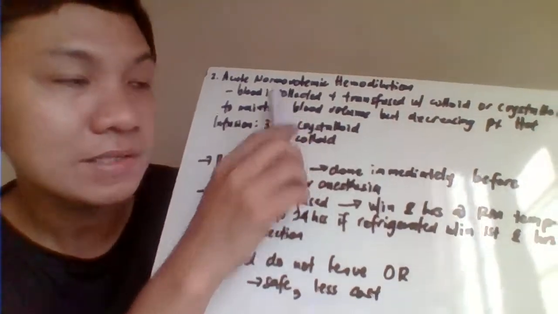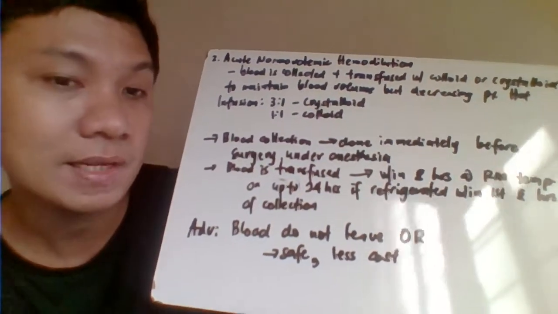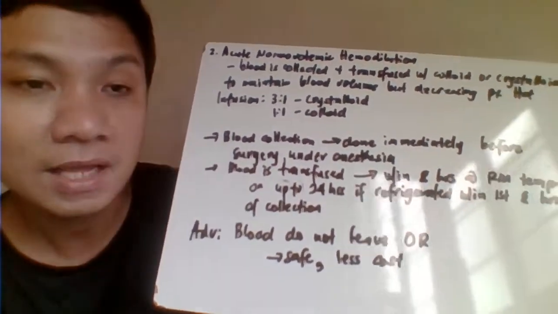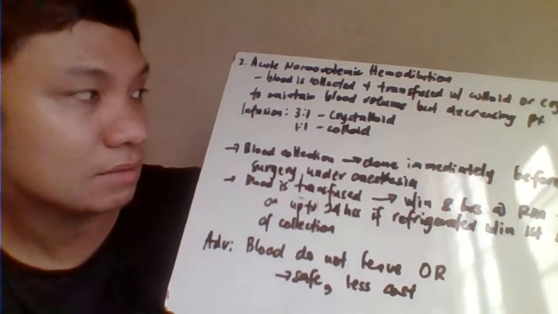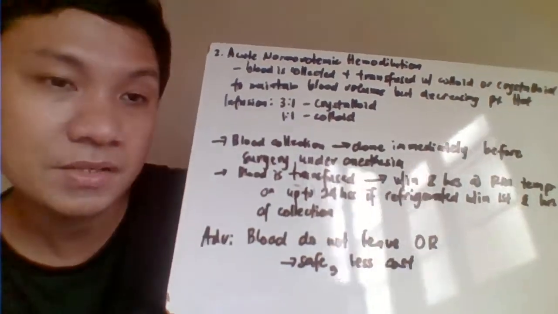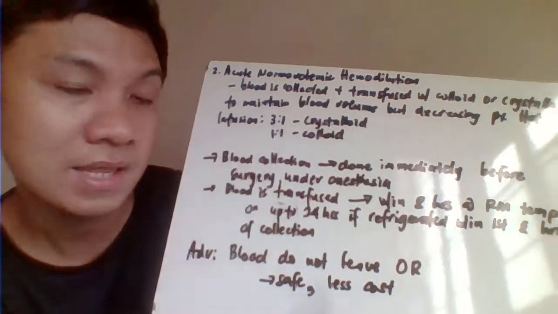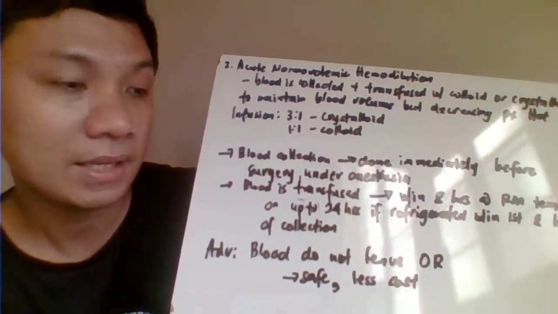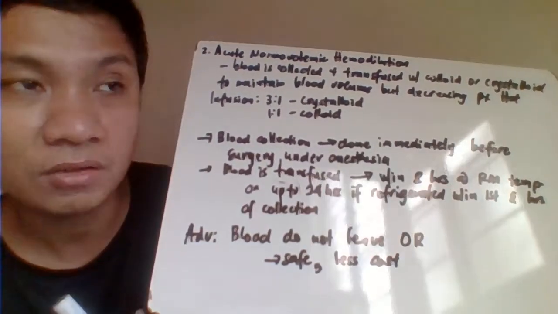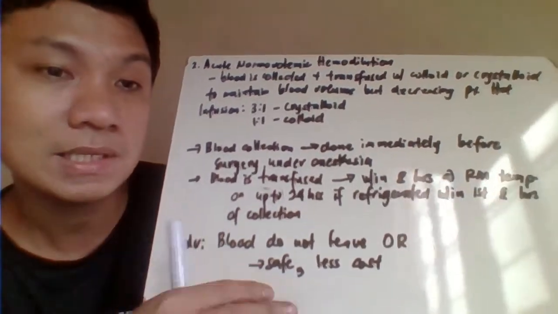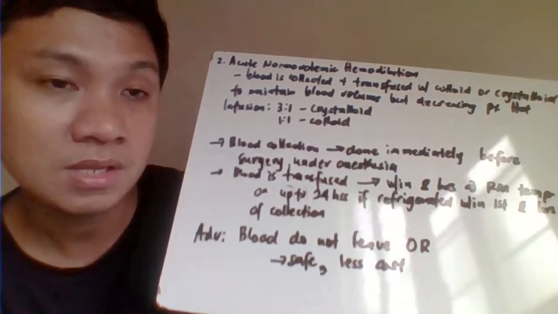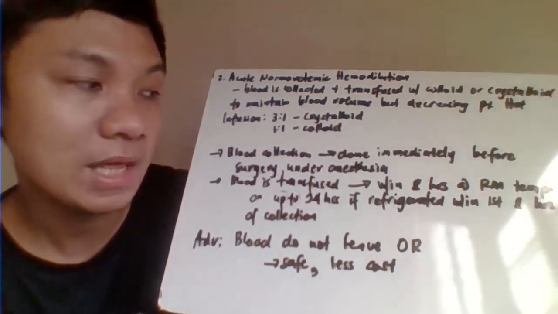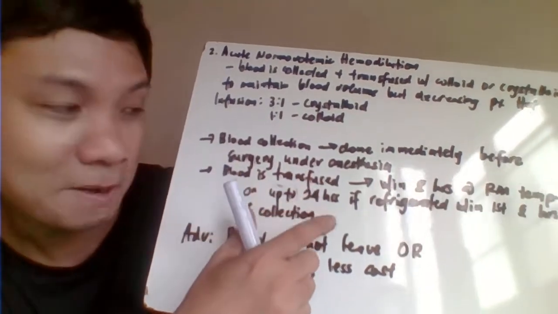However, because of the infusion of crystalloid and colloid, it tends to decrease the hematocrit of the patient. We have here the ratio of the infusion: for crystalloid 3:1 and for colloid 1:1. Again, this is the type of autologous donation that's being done immediately prior to the surgical operation and the patient is being given anesthesia.